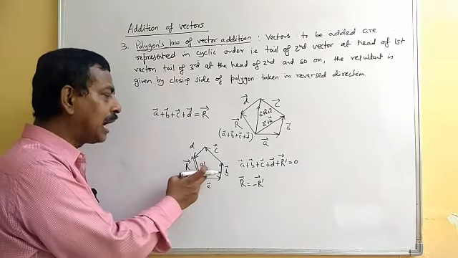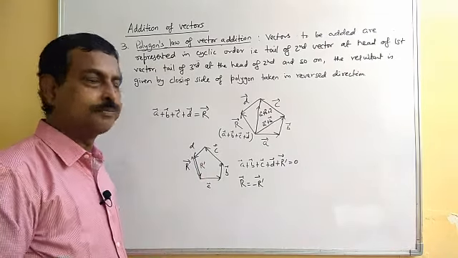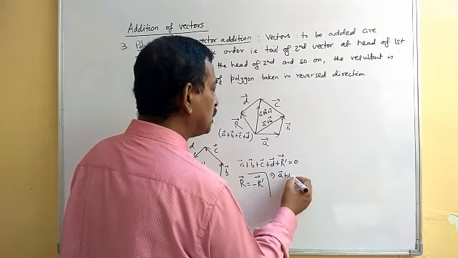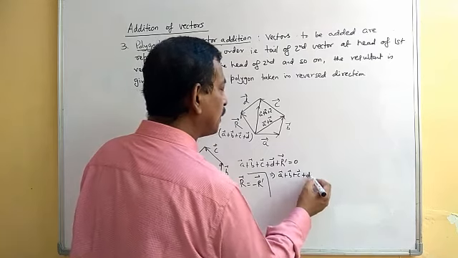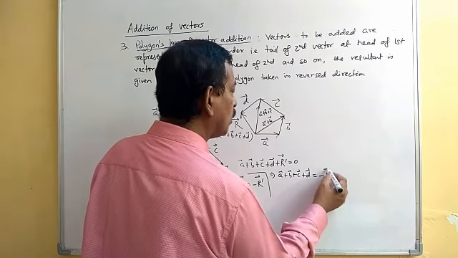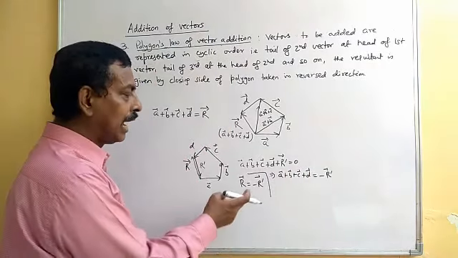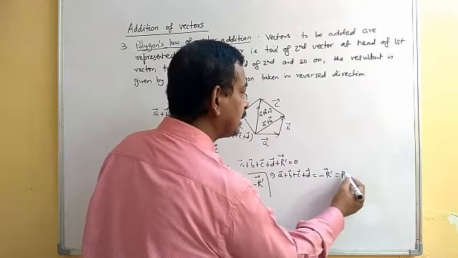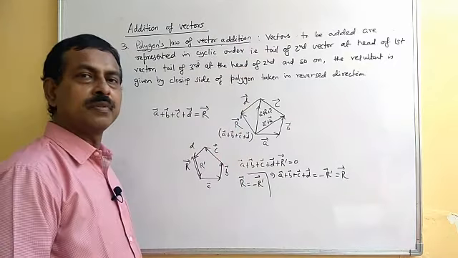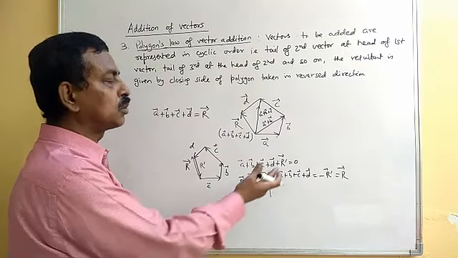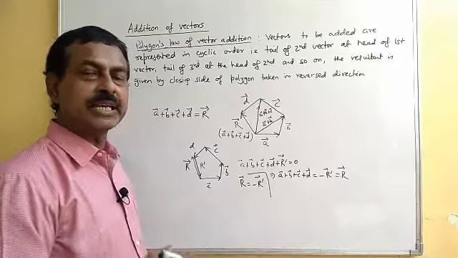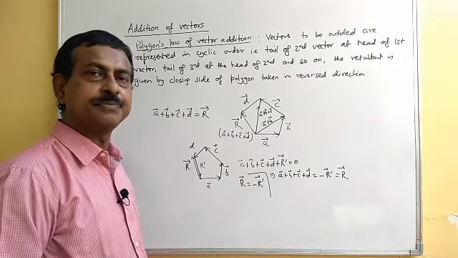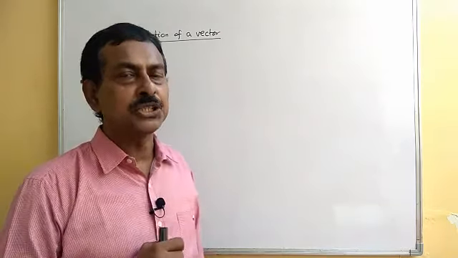So basically R dash is the negative vector of R. So if you consider A plus B plus C plus D, and R dash is taken on the right side, and since R dash is now equal to R, we can simply write it as R. So we can prove that it is the closing side of the polygon taken in reverse direction that gives the resultant of the vectors. So far we have discussed addition of vectors.